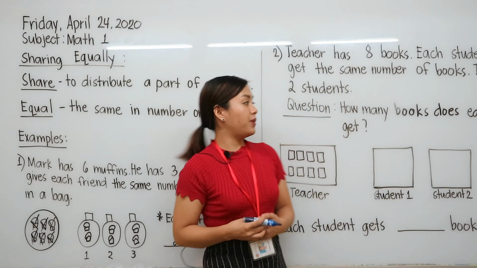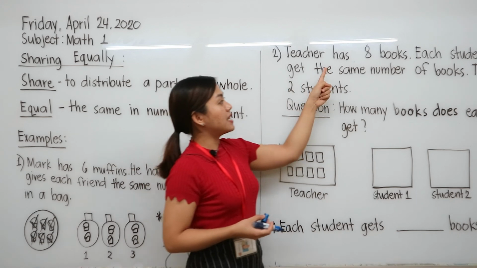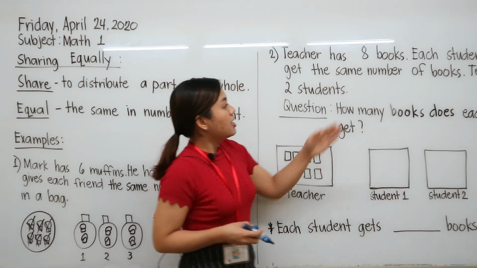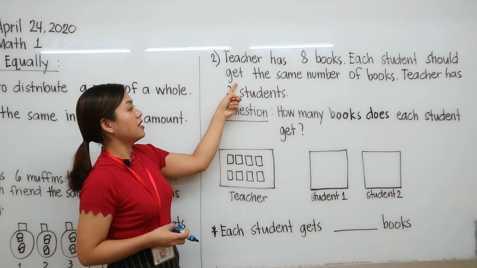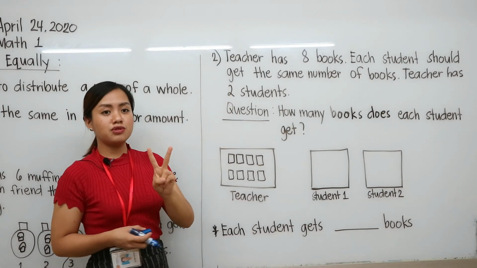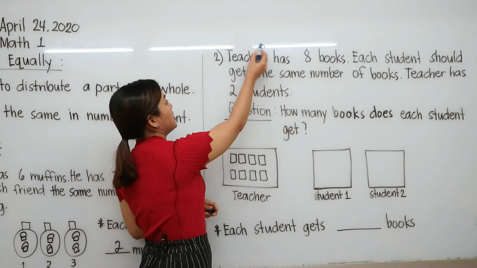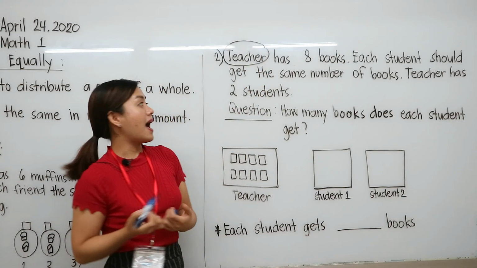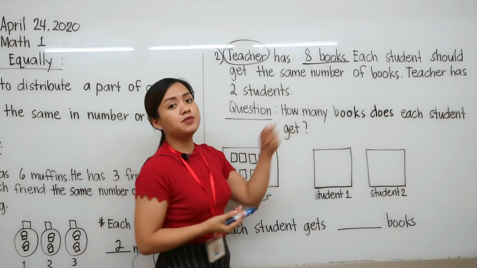Another example we have here. Okay, let's read. Teacher has 8 books. Each student should get the same number of books. Now, teacher has 2 students only. Now, remember guys, the teacher has 8 books. So this is the object.